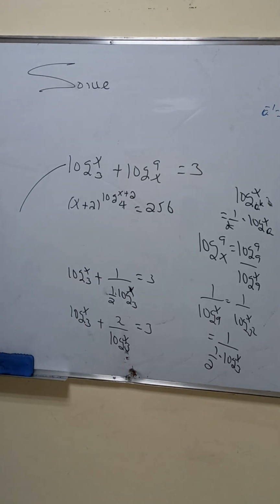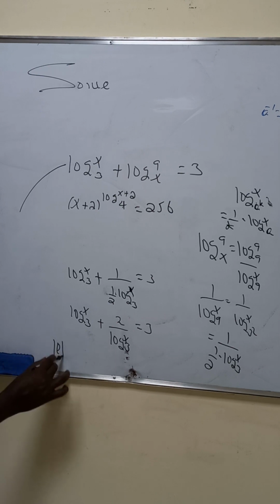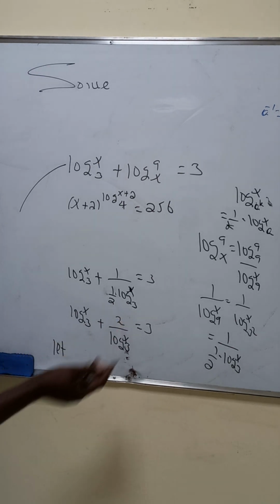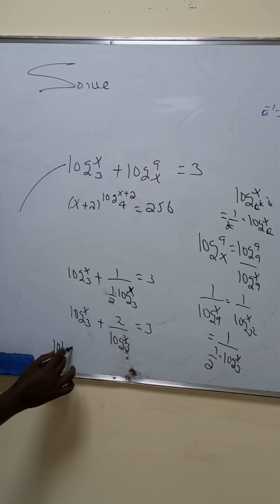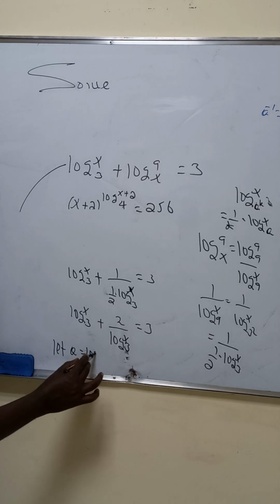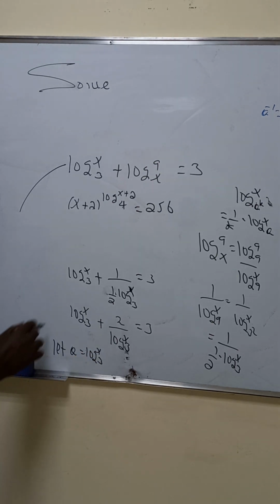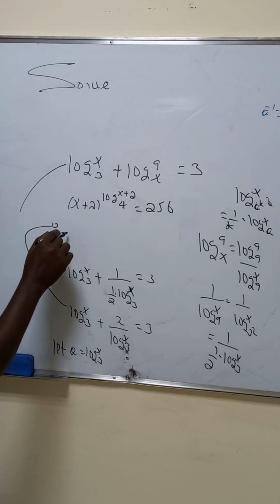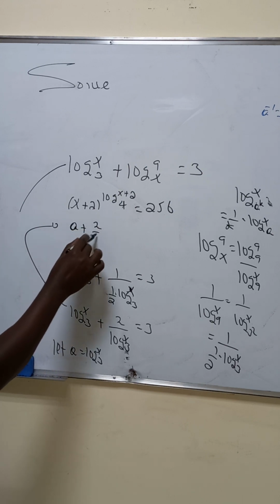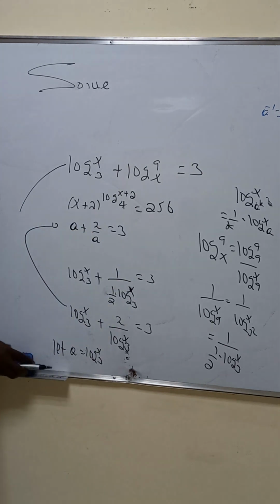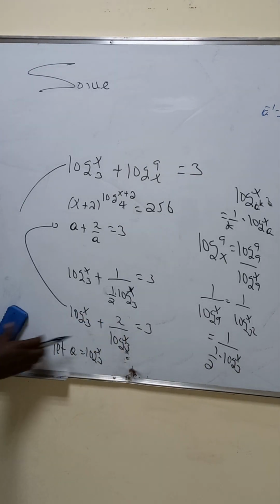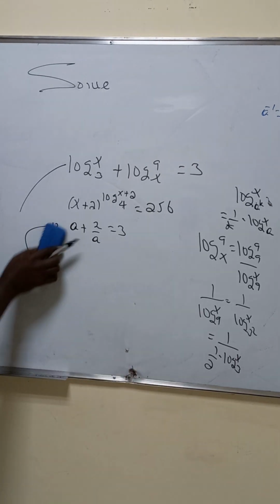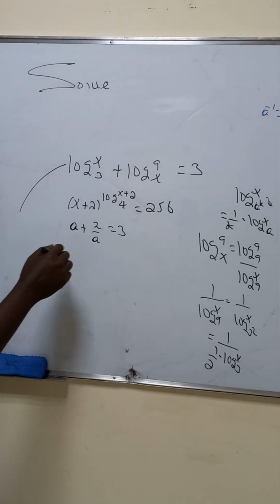Then this is how we continue. Now let a equal the logarithm of x to the base 3. Rearranging this problem: a plus 2 over a, which is 3. Now let's multiply both sides by a.